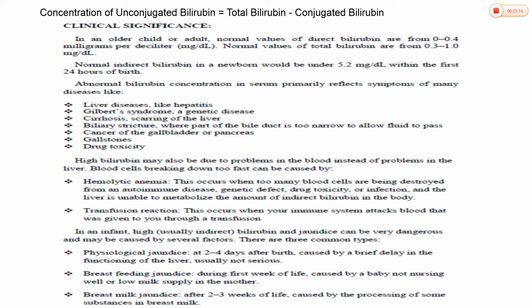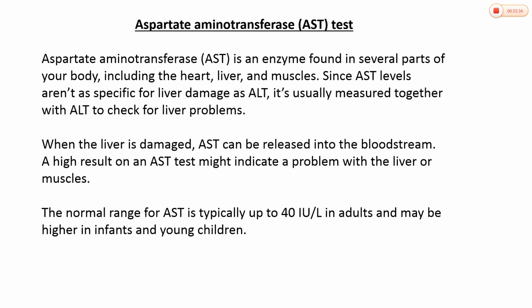Breastfeeding jaundice happens during the first week of life, and is caused by a baby not nursing well and low milk supply in the mother. The third is breast milk jaundice, after 2 to 3 weeks of life, and it is caused by processing of some substances in the breast milk.